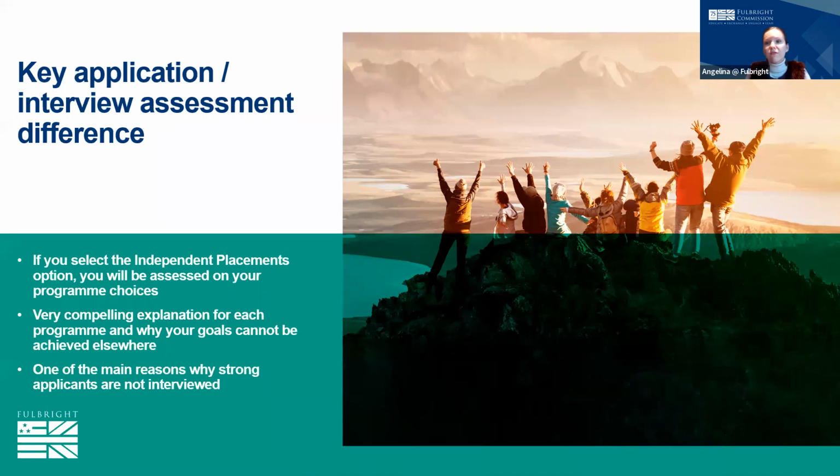So you really have to think very carefully, not just about why you like that particular program or institution, but why you also feel that you're unable to achieve your academic goals elsewhere. And as I mentioned during our previous webinar, this is one of the key reasons why very strong applicants do not get shortlisted.